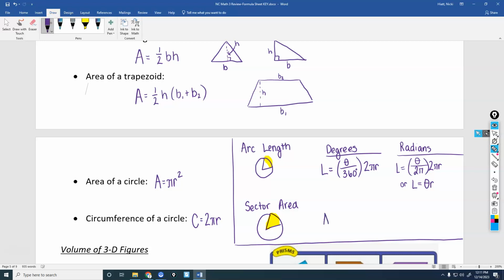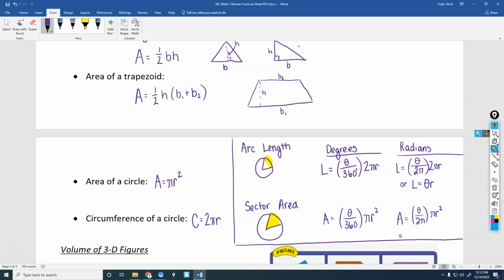So my area in degrees is going to be angle over 360 times the area, pi r squared. Or if I'm doing radians, it's going to be my angle over 2 pi times pi r squared.